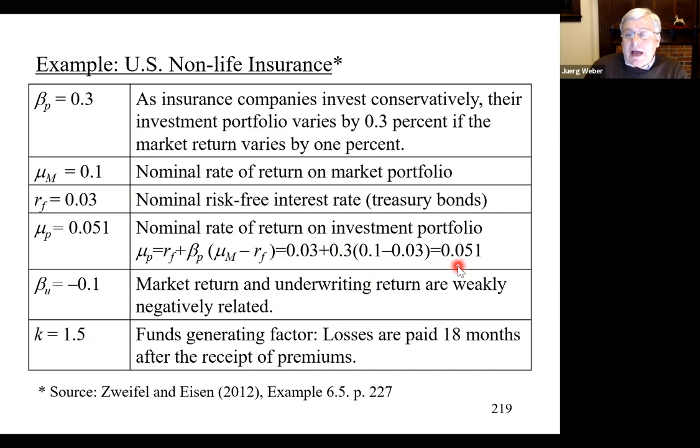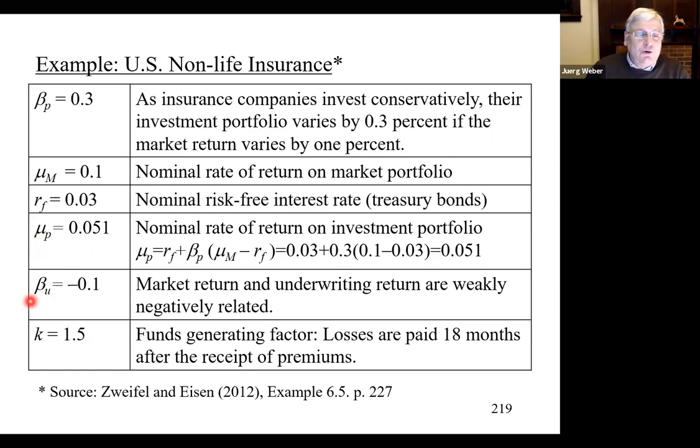So the capital asset pricing model predicts that the return on the investment portfolio of the insurance company should be 5.1%. That's the optimal return on the investment portfolio of the insurance company. If the return is less, then the insurance company does not do a good job investing its funds.